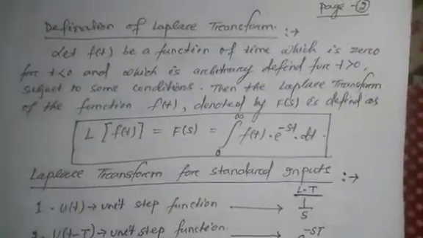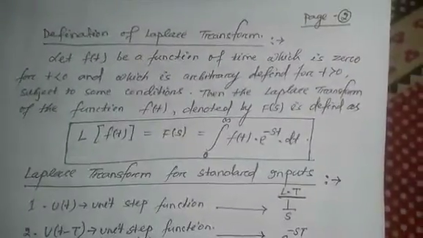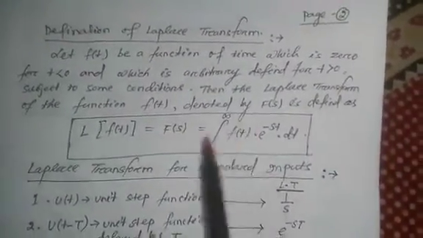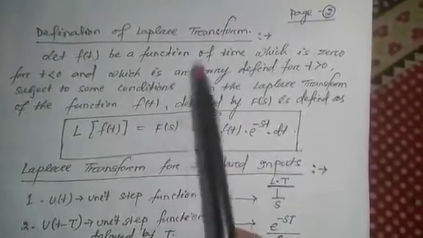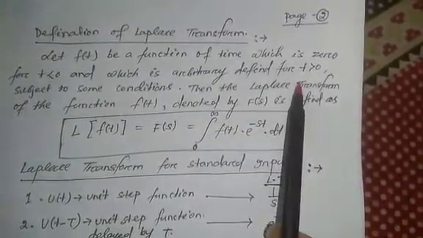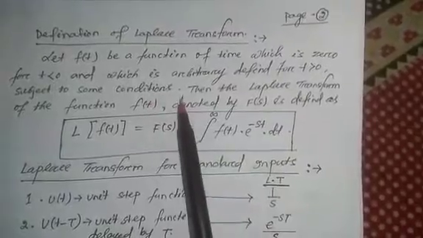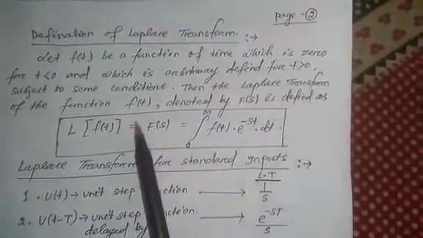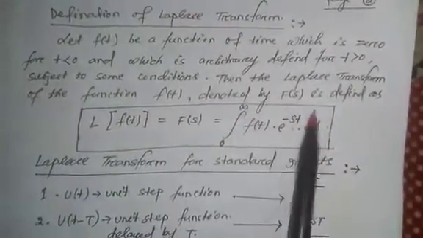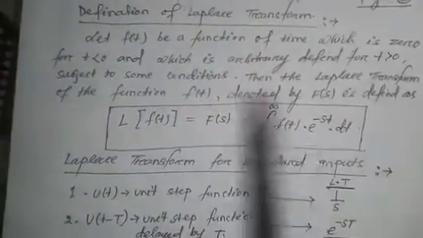Then you see the definition of the Laplace transform. Let f(t) be a function of time which is 0 for t less than 0 and which is arbitrarily defined for t greater than 0, subject to some conditions. Then the Laplace transform of the function f(t), denoted by F(s), is defined as follows.